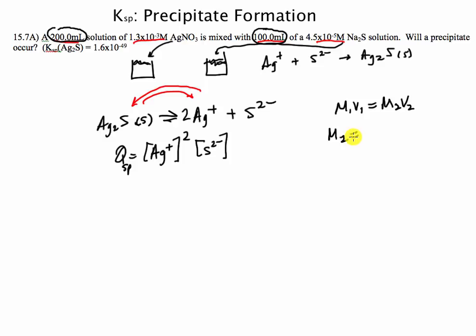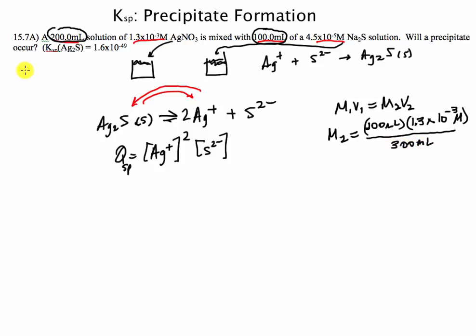So my M2 is going to be 200 milliliters times 1.3 times 10 to the minus third molarity, and I'm going to divide all that by 300 milliliters. Remember why 300 milliliters?